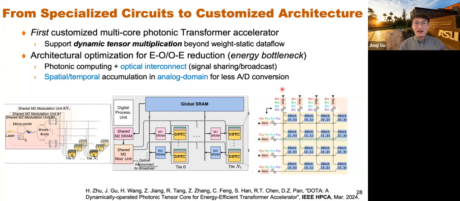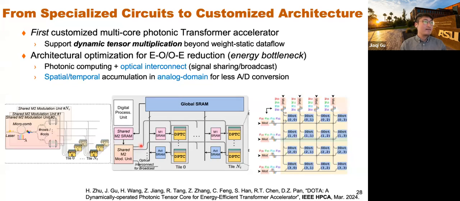You only have one device directly going to the output, so we already have a low insertion loss. So it's also laser efficient, but laser power is still high. That's why we use a shared modulation unit. We have the broadcast. We only modulate the signal, for example the X matrix, once, and spread the input to multiple chunks. So that reduces the modulation cost.